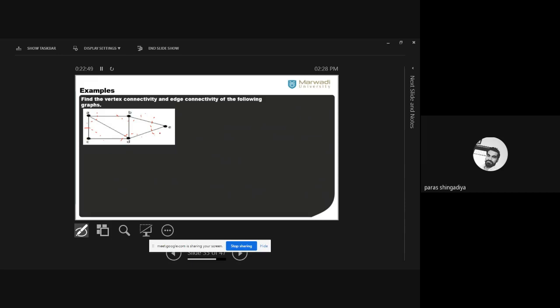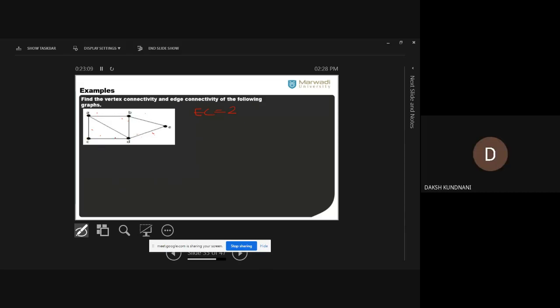So which will be the smallest cut set? This one, this will be the smallest cut set. And how many edges are involved in this cut set? These two edges. So the edge connectivity of this graph is equal to 2. Clear? Now check for vertex connectivity.